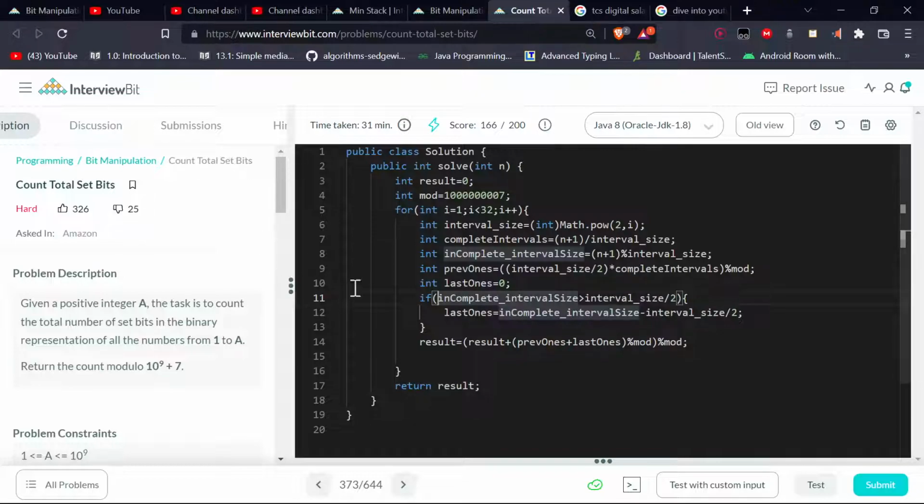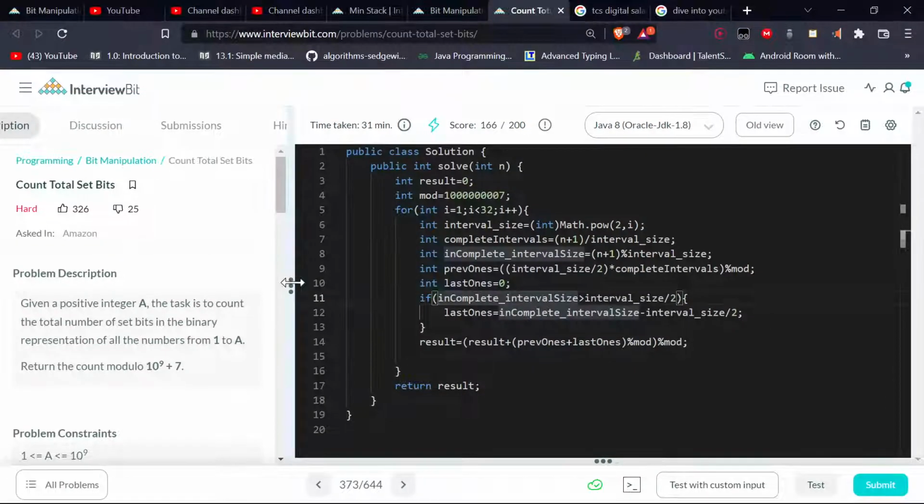To calculate the number of ones in an incomplete interval, the formula is incomplete interval size minus interval size by 2. This also I have discussed in the explanation part. If you get confused, please look at it once again. Now I am adding the total ones, previous ones plus last ones, to the result, taking care of the overflow using the modulo operator, and finally I am returning the result.